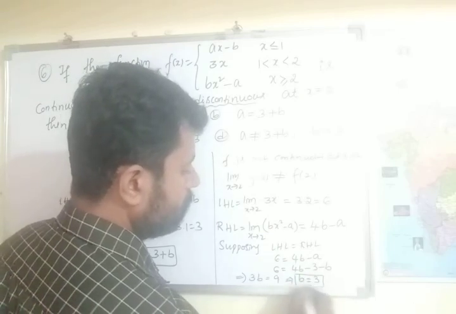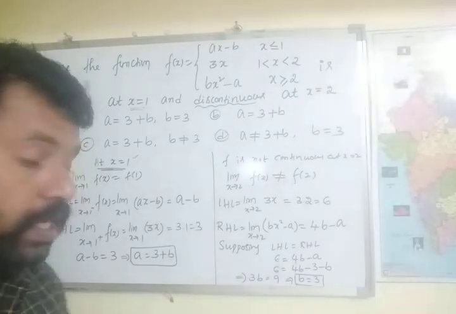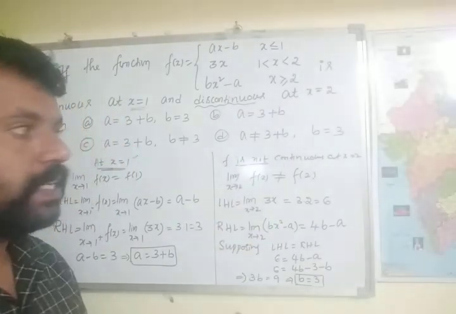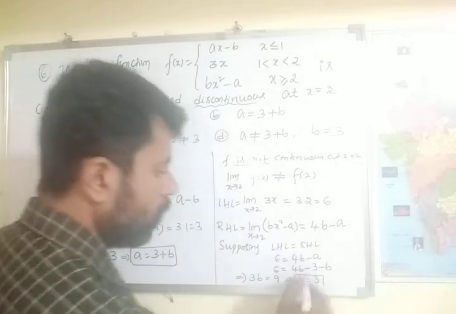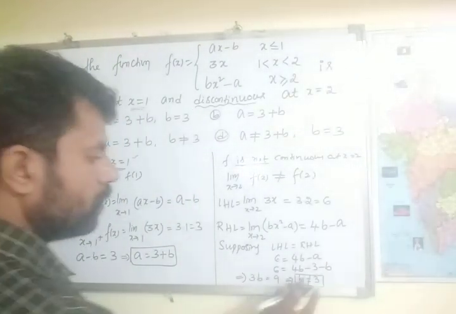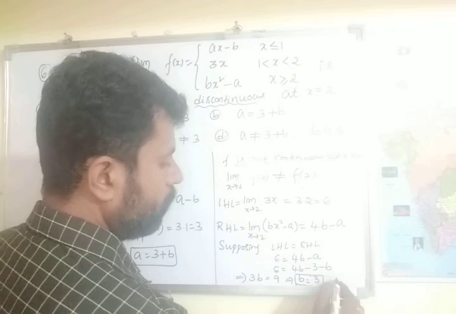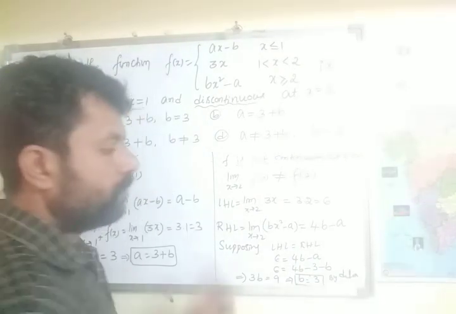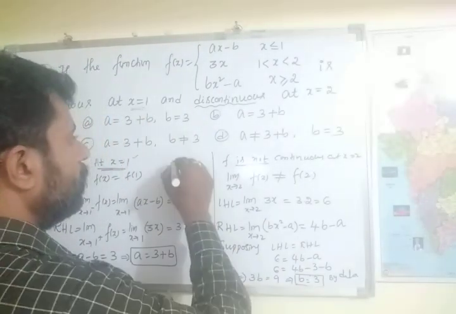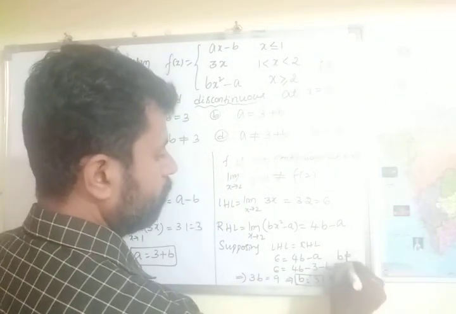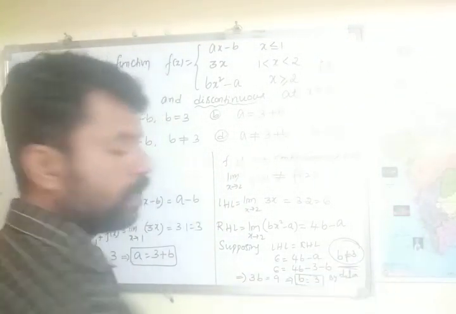So b is equal to 3 when the function is continuous, but here f is discontinuous at x equals 2, so b is not equal to 3. Using the data, f is not continuous, that's why we consider b is not equal to 3.